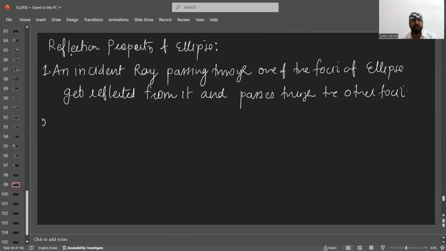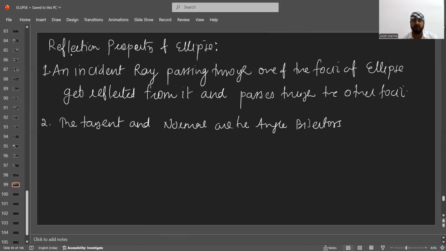It is equivalent to saying that the tangent and normal are the angle bisectors of the incident ray and the reflected ray.